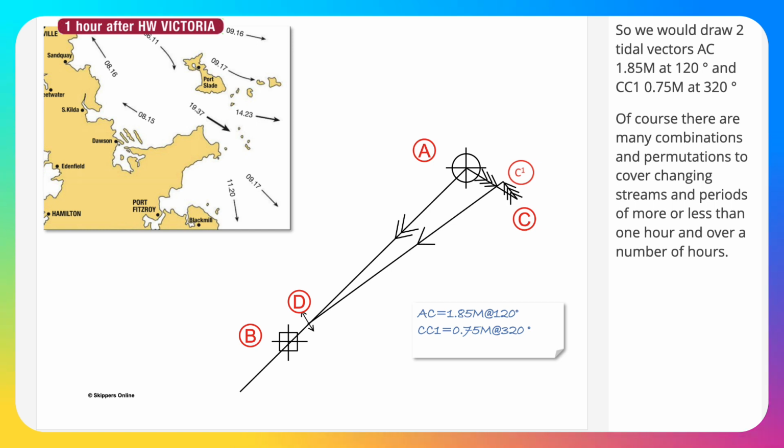So we would draw 2 tidal vectors, AC 1.85 miles at 120 degrees and C1 0.75 miles at 320 degrees.